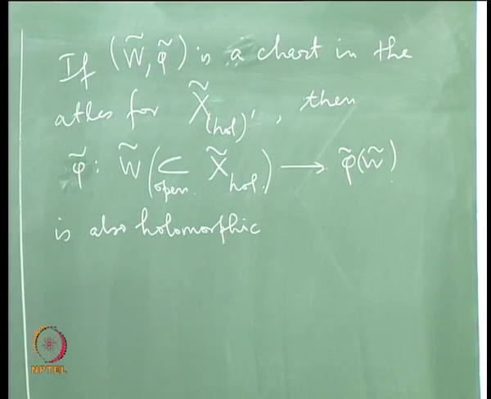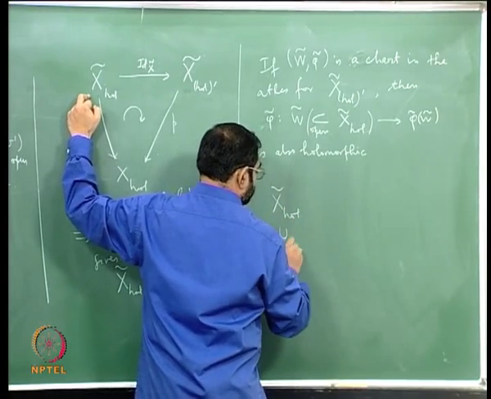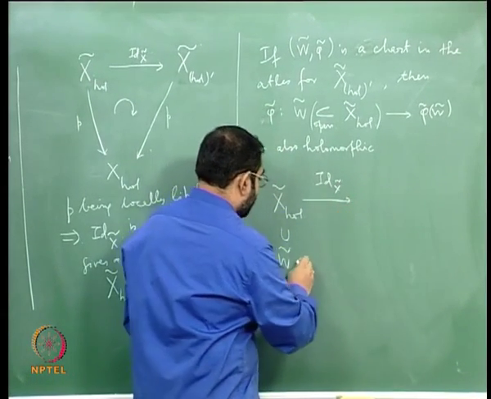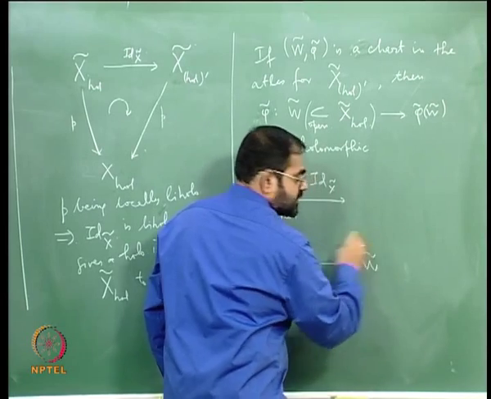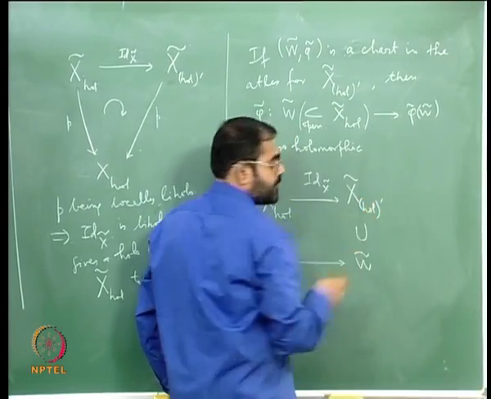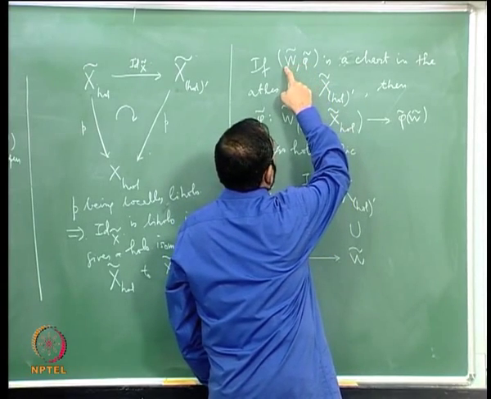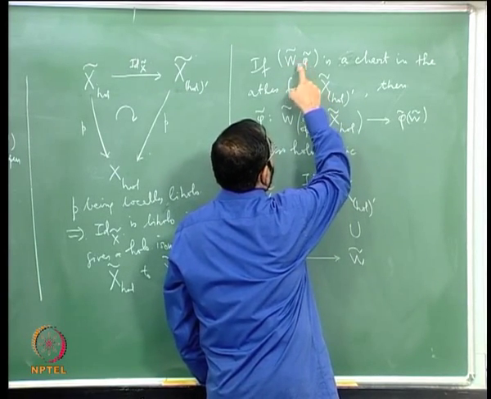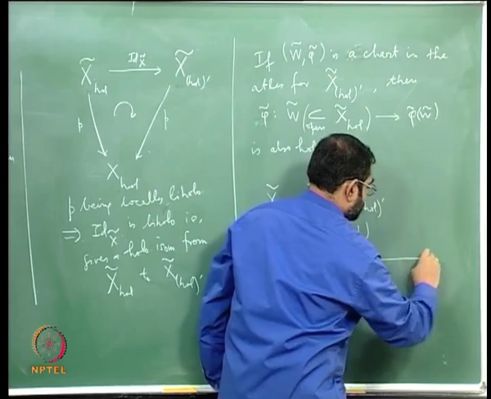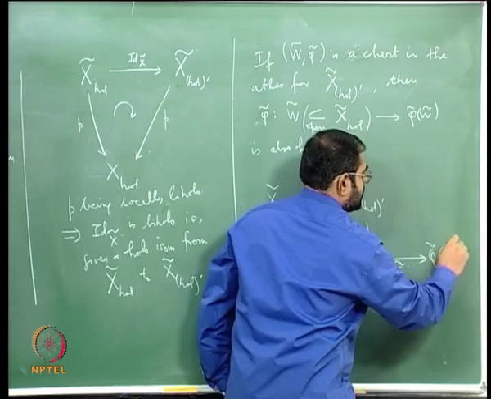Why? Because you have X tilde whole and I have my W tilde, then I have this identity map on X tilde which is holomorphic, and that will carry W tilde back to itself as an open subset of X tilde whole prime. And since phi tilde is a coordinate map for a chart in X tilde whole prime, this map is holomorphic.